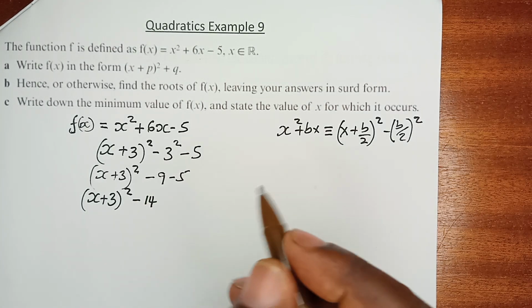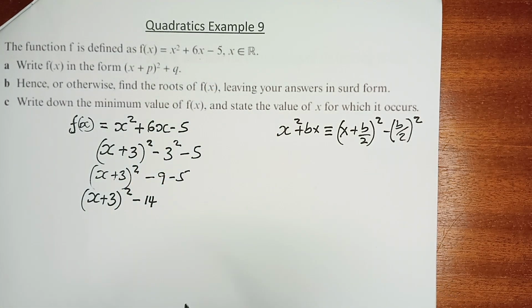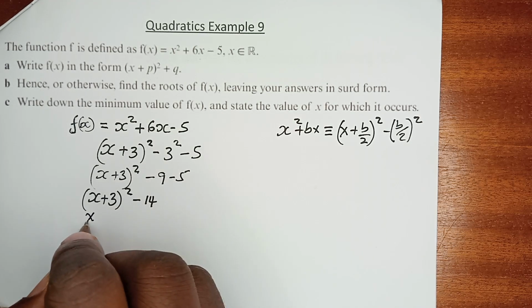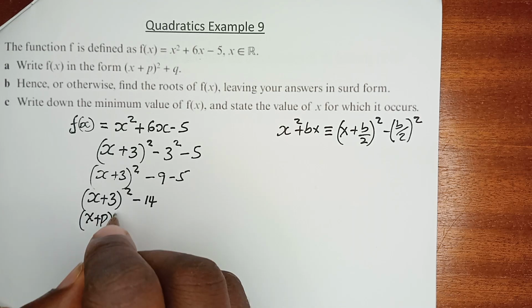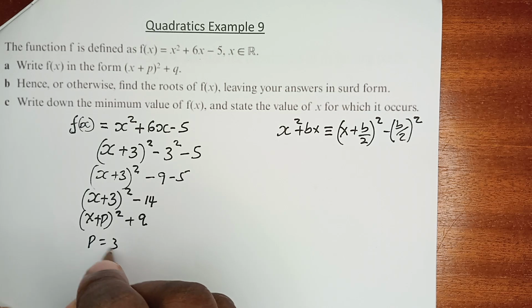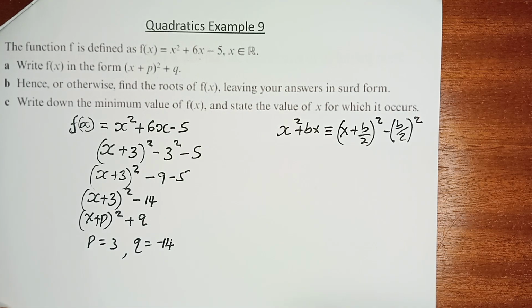This is already in the form of (x + p) squared plus q, where p is 3 and q is negative 14. And that is it.